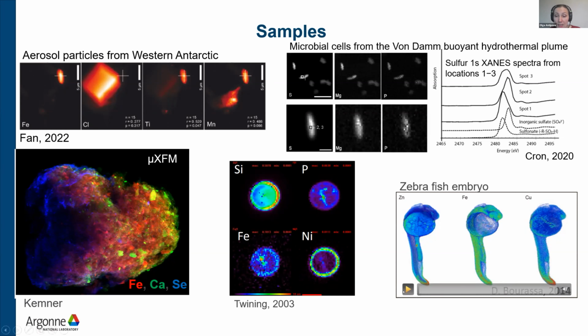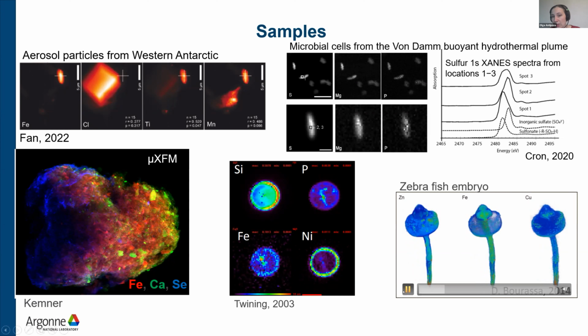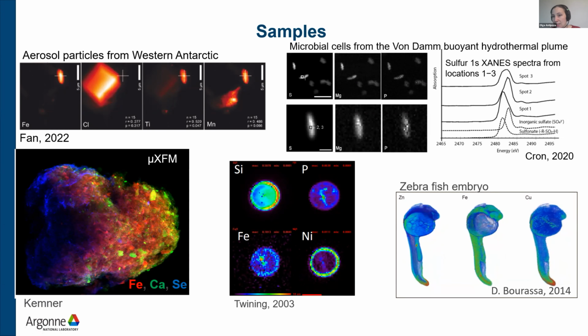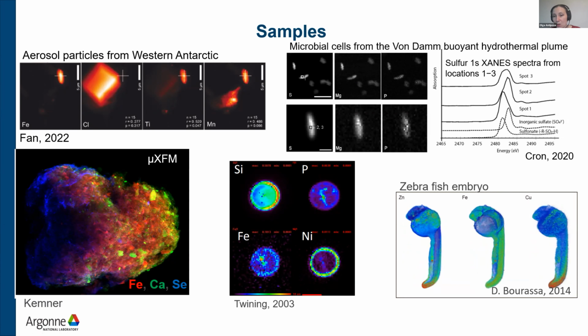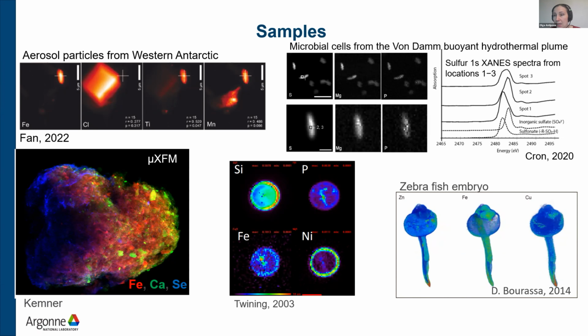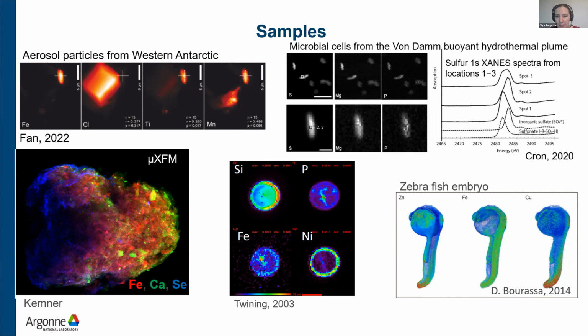And then in addition to that, we can also every once in a while look at the bigger animals, bigger organisms from the ocean, and do X-ray fluorescence tomography visualizing three-dimensional distribution of the elements.